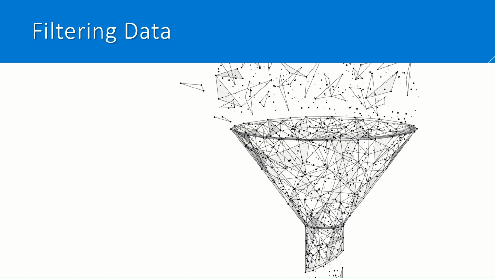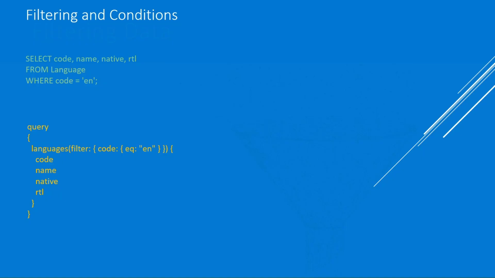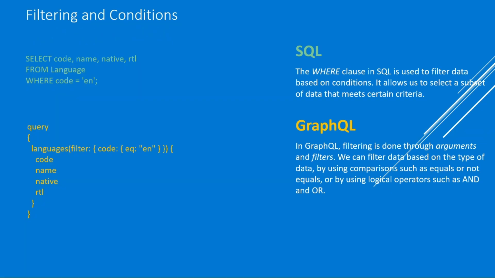Filtering data. So how you can basically just tell that runtime or that backend the specific data that you need, right? That's the bread and butter of GraphQL. And of course, with SQL, you can also do that. You use a where clause or you define a specific filter of data based on conditions. GraphQL, very similar.